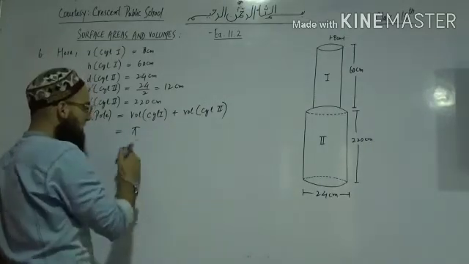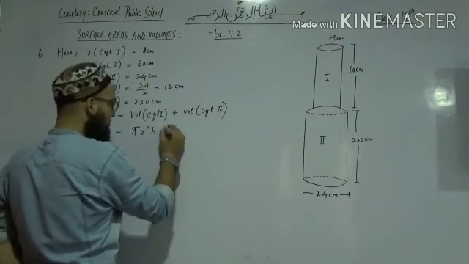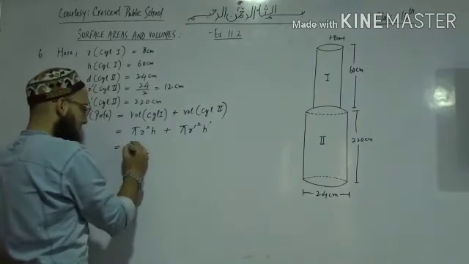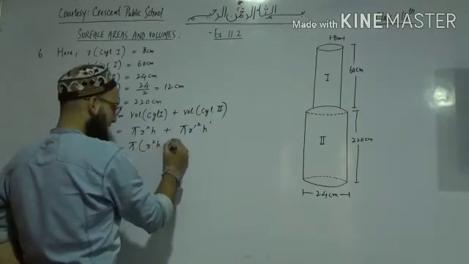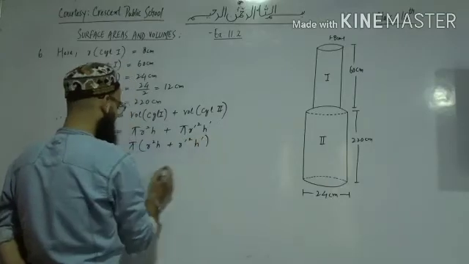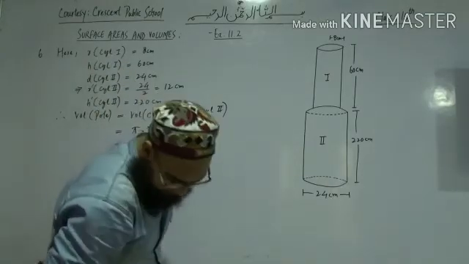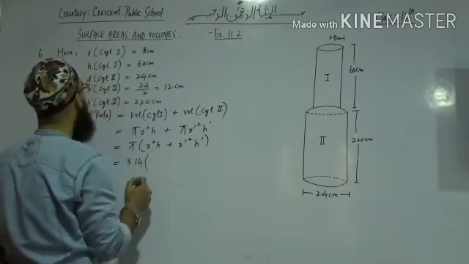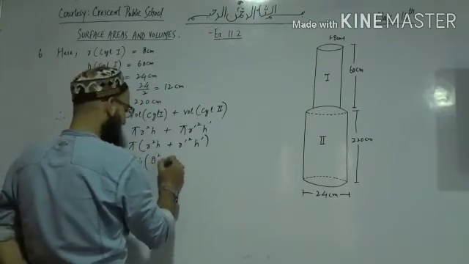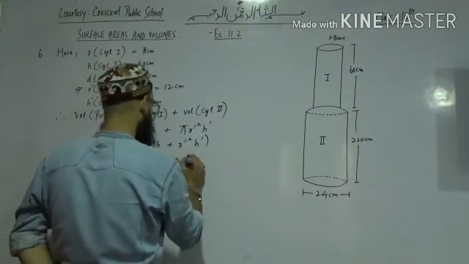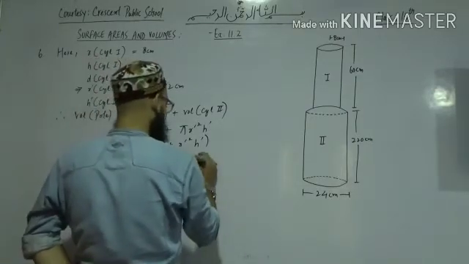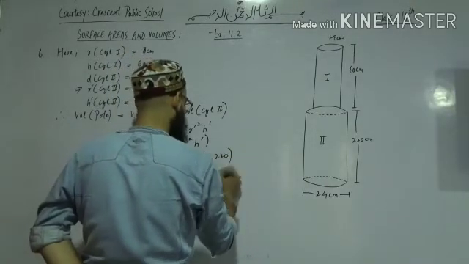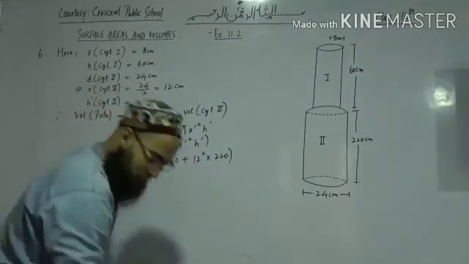So volume is equal to pi R square H plus pi R dash square H dash. Now I can take pi common, so I'll get this and this. Pi, it says use 3.14. 3.14 times R is 8 square times H is 60 plus R dash is 12 square times H dash is 220. Now let me solve this.